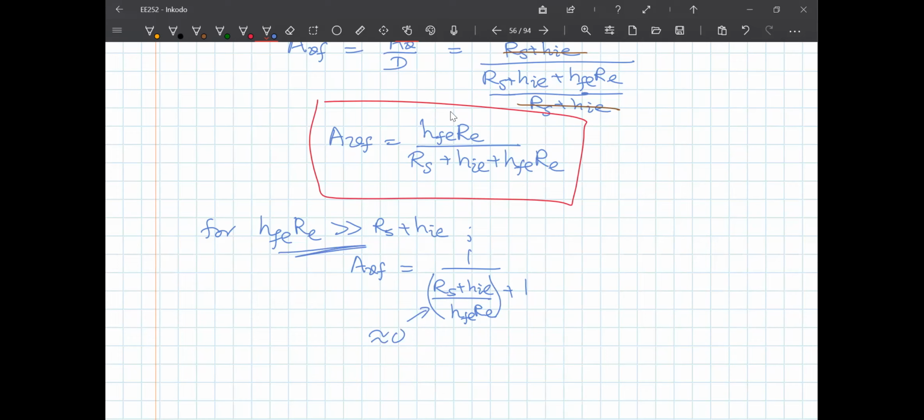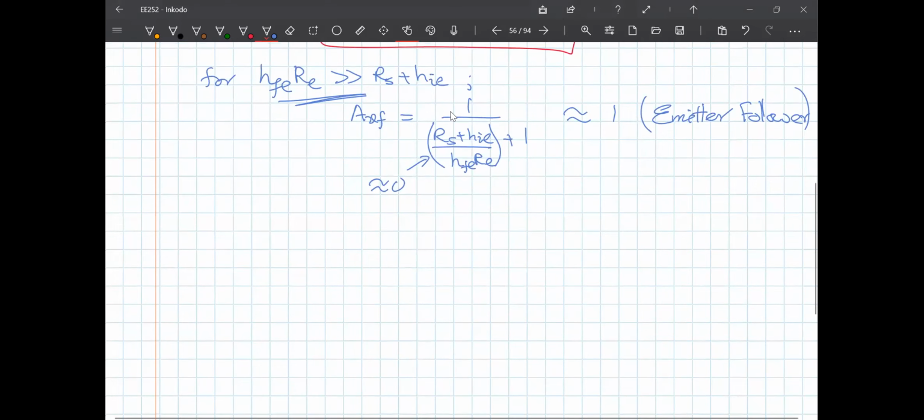So therefore this is roughly equal to 1 as we expect. So this is an emitter follower. So we know that our analysis is correct in this sense. Again, the gain is fine.